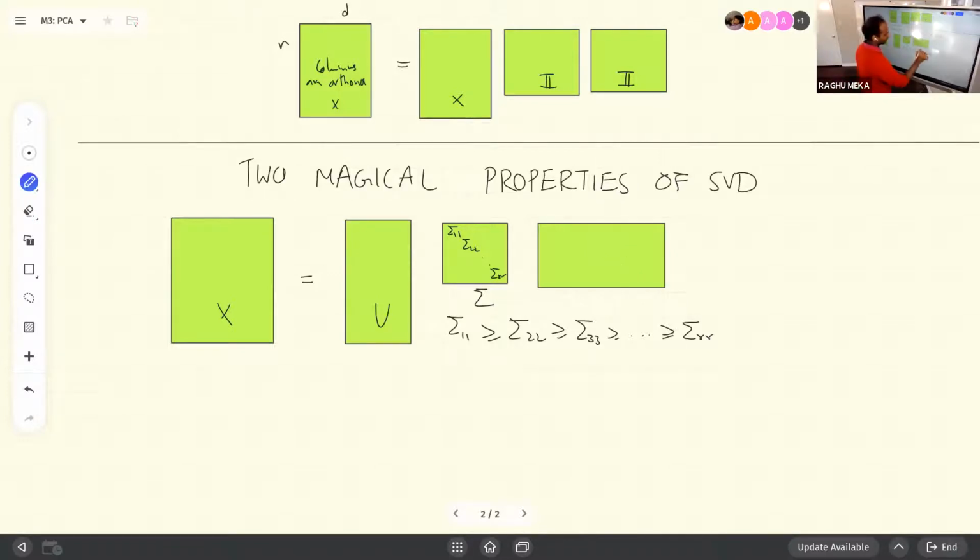And the other thing I'm going to do is to call the rows of this V transpose V1 transpose, V2 transpose, up to VR transpose.